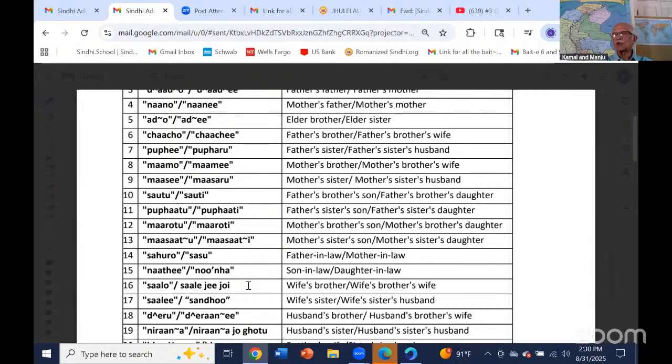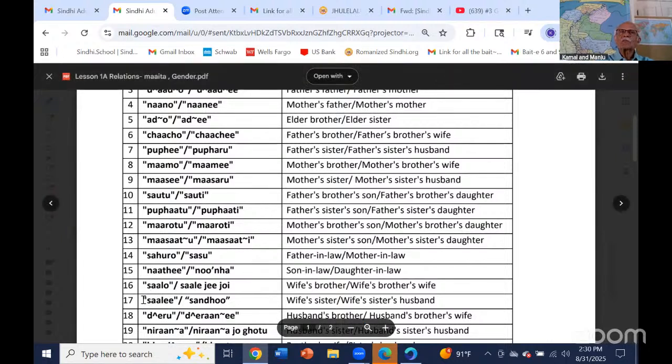Salo and Saleji Joy. Salo is brother-in-law, his wife is Saleji Joy. Then Sali is my wife's sister, and her husband is called Sandu. Sali and Sandu. Salo and Saleji Joy.